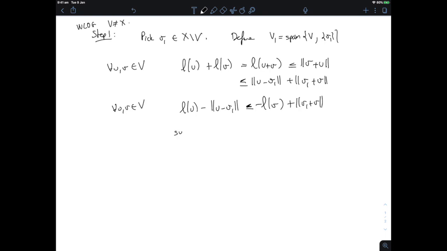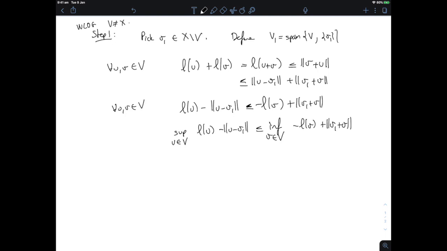So what we have is that the supremum over all u in V of L of u minus the norm of u minus v1 has to be less or equal than the infimum over all little v in capital V of minus L of v plus the norm of v1 plus v. So the supremum over u is less or equal than the infimum over v.